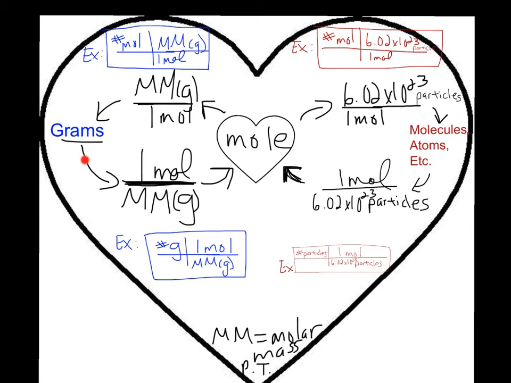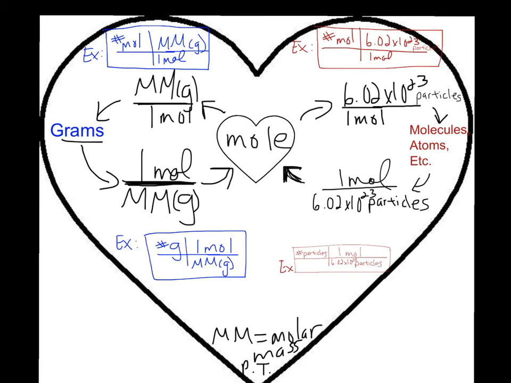So that is how you go from grams to moles, by setting it up this way. And if we're going from moles to grams, you will start with your given number of moles. You'll copy the unit of moles diagonally on the bottom, and then your molar mass will go on top.